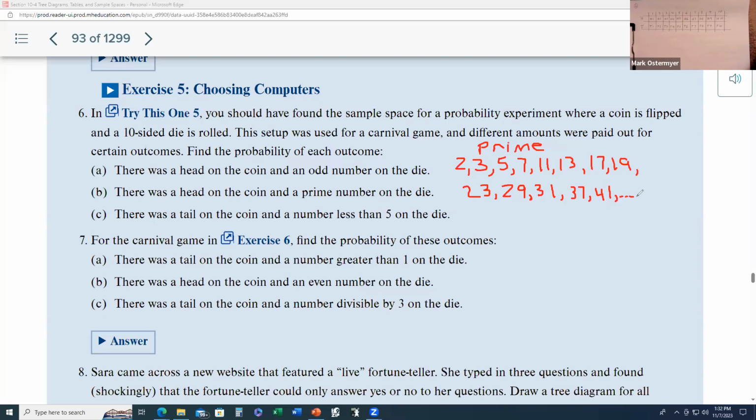There's an infinite number of prime numbers, but those are the first several. That should be good enough for finishing this problem.